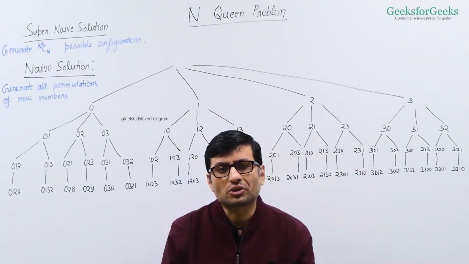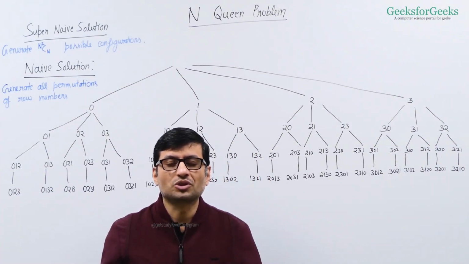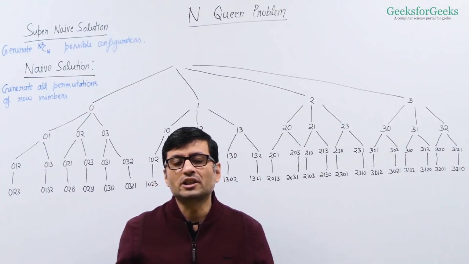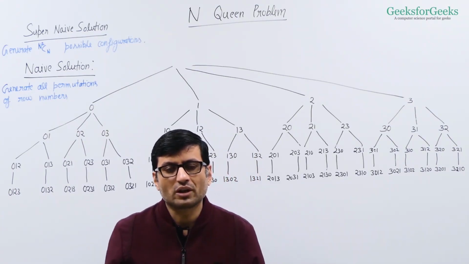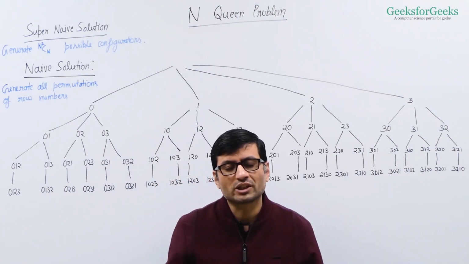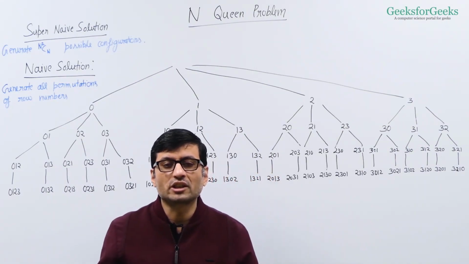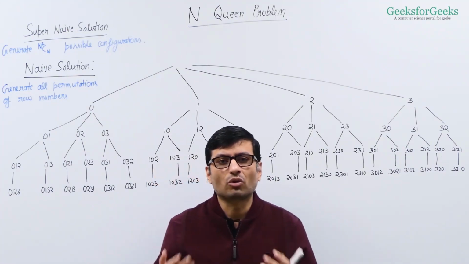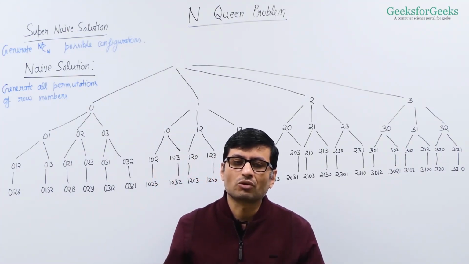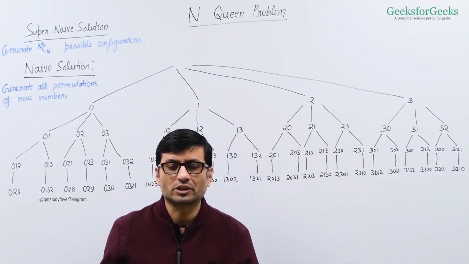Let us now talk about the solution. A super naive solution is to generate n square Cn possible configurations. We have an n cross n chessboard and we have n queens to place on it. So there are n square Cn possible ways to place the n queens. For example, if n is 4, then we have 16 C4 possible configurations.